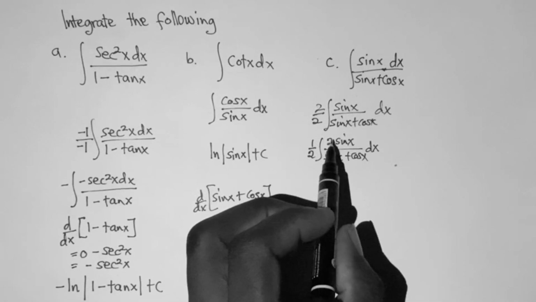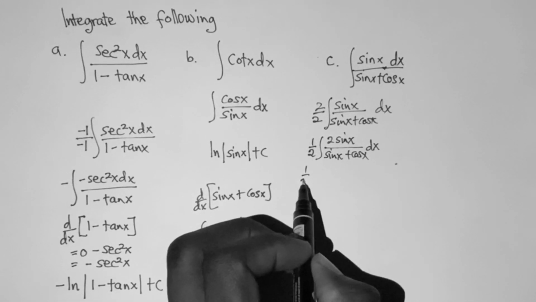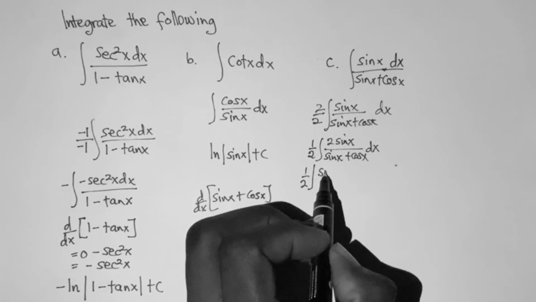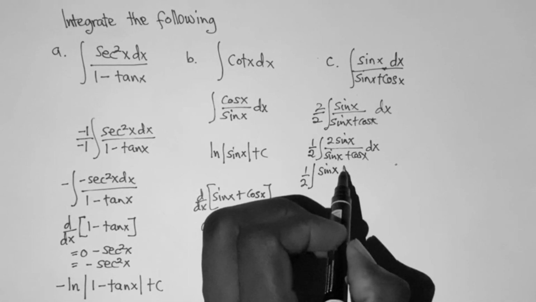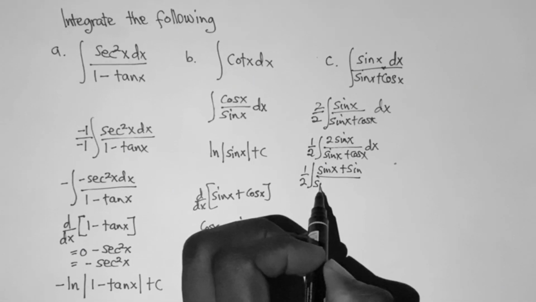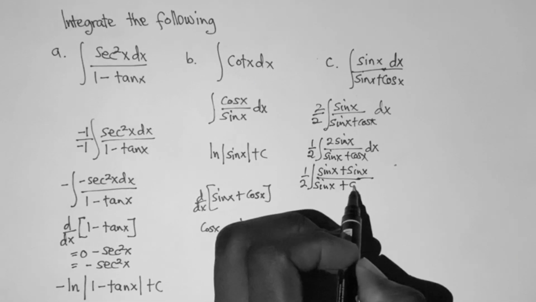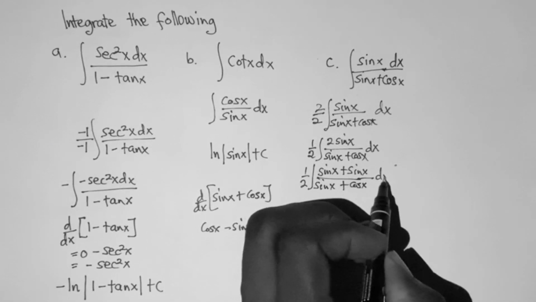So the numerator now has sine x plus sine x. So this is equal to half of integral of sine x plus sine x divided by sine x plus cos x dx.